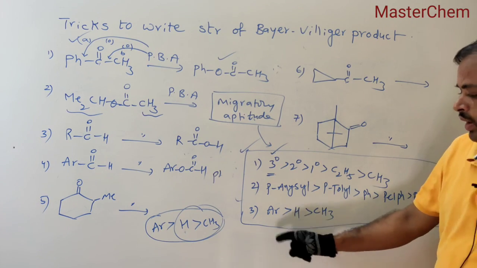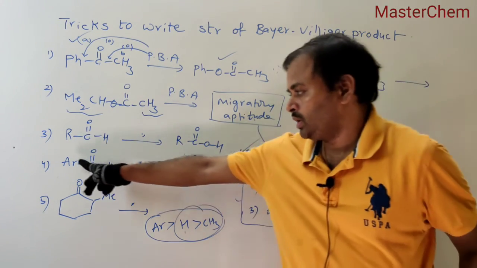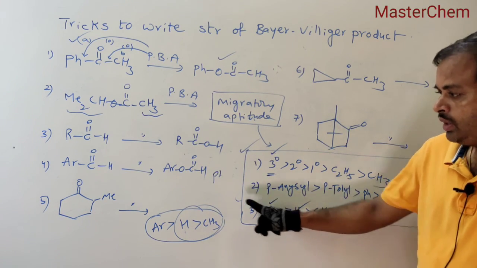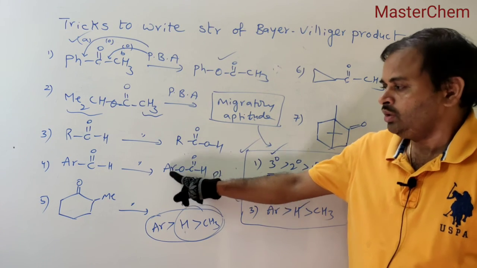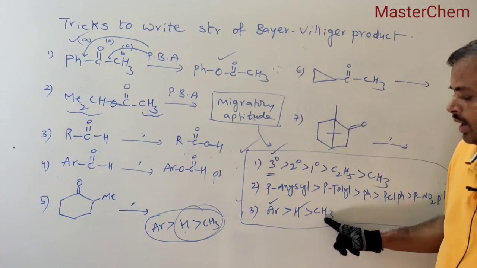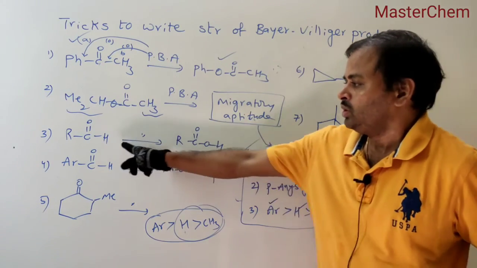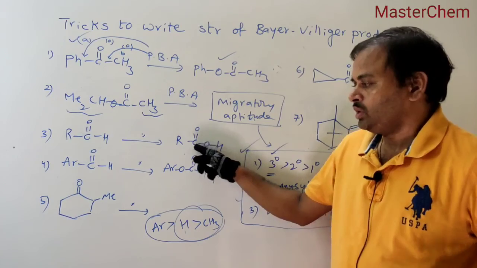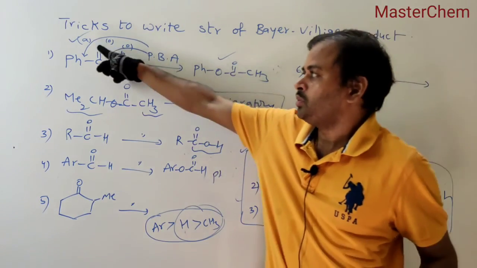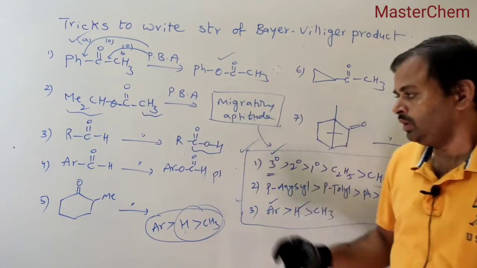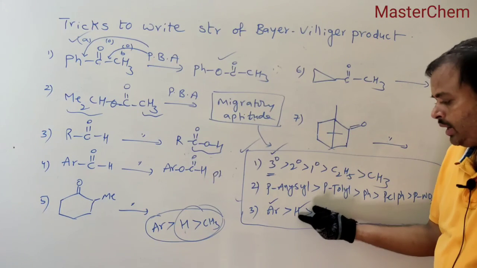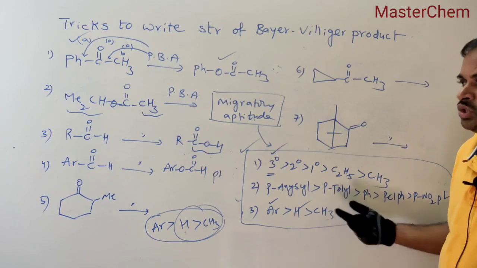If Ar and hydrogen are the competitors, as Ar has high priority, insert oxygen towards the Ar side. For H and CH3, hydrogen has higher priority, so insert oxygen between the carbonyl carbon and H. Only two options, A and B. In this case option B, because H priority is more compared to CH3.